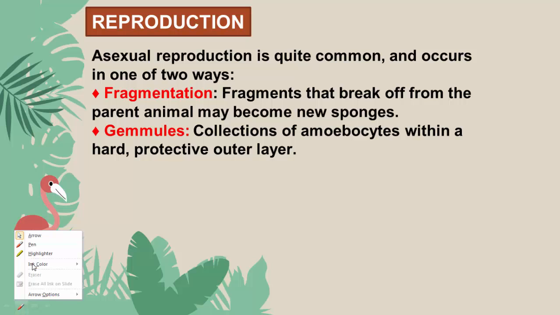Poriferans are primitive animals, but they show both asexual and sexual methods of reproduction, because asexual reproduction always helps in the production of more individuals within a short period.